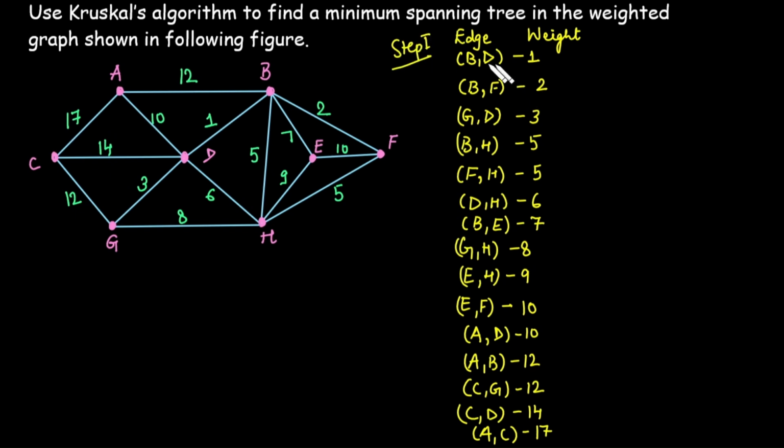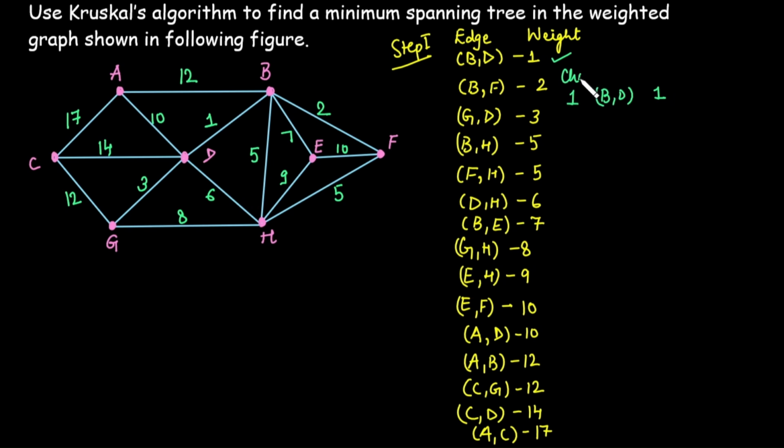The second step is we will take the first edge as a part of the spanning tree because it contains the minimum weight. So the first choice we have in this case is edge BD with the weight 1.